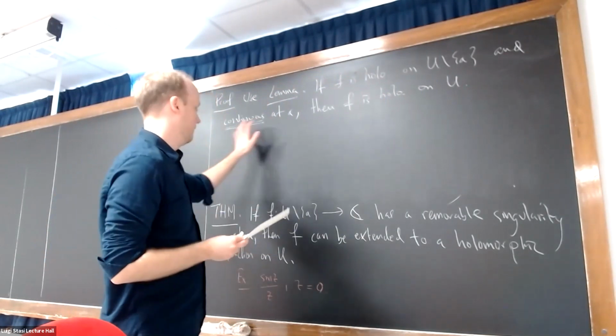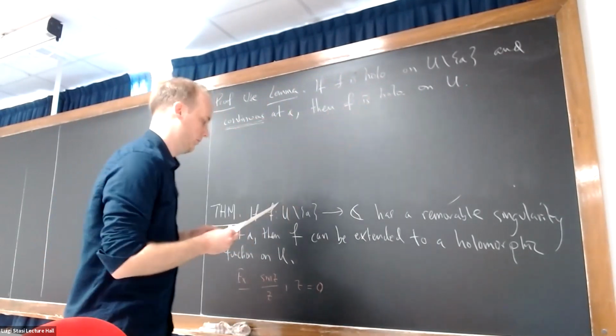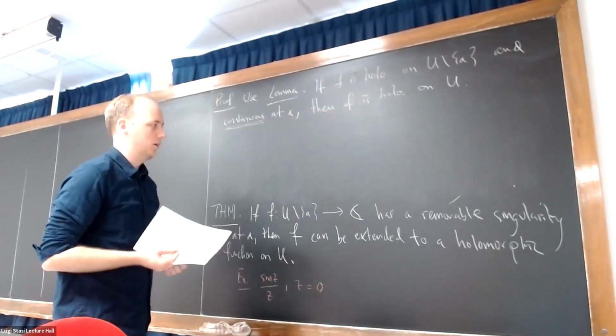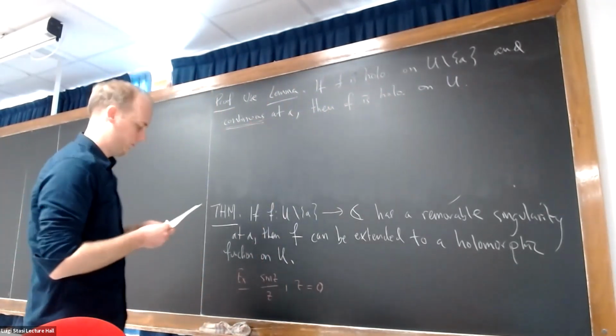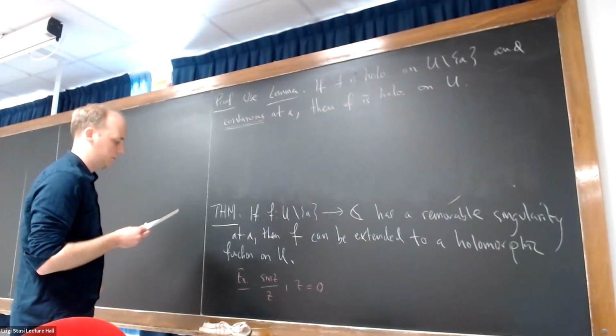If it's continuous at A, then f is holomorphic on U. And as you will see, this removable singularity condition will then imply this. We'll be able to finish the proof that way.